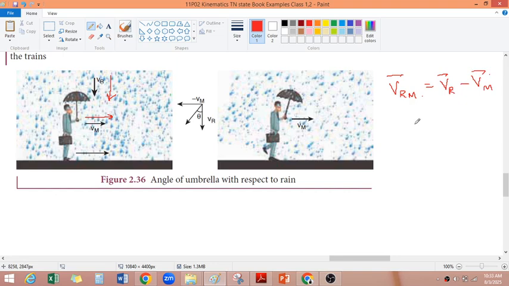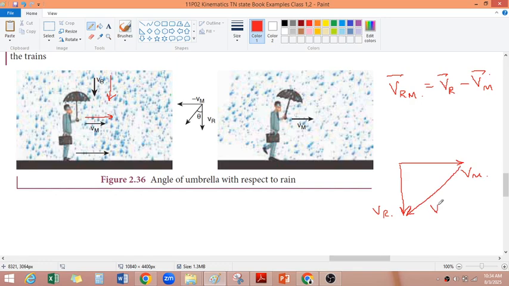So the velocity of rain with respect to the man will be like this.